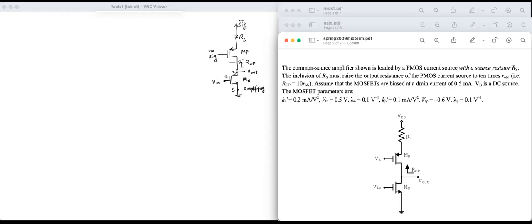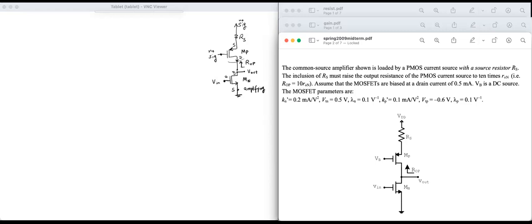Okay, so this MOSFET MP has no signal at gate. And I am looking here into its drain. This is the drain of MP, and this is the source of MP. So I'm looking into the drain of MP with no signal at gate and a resistor RS between its source terminal and ground. So let me relate then ROP to the parameters of MP and RS.